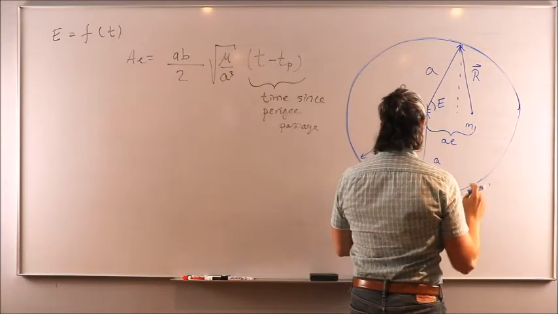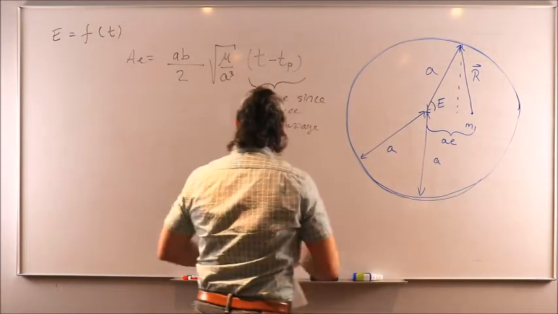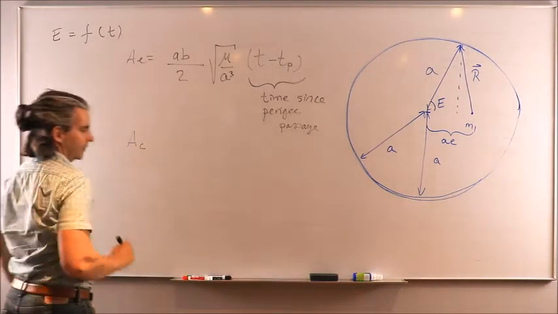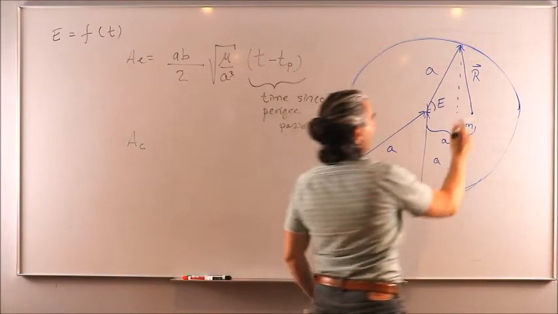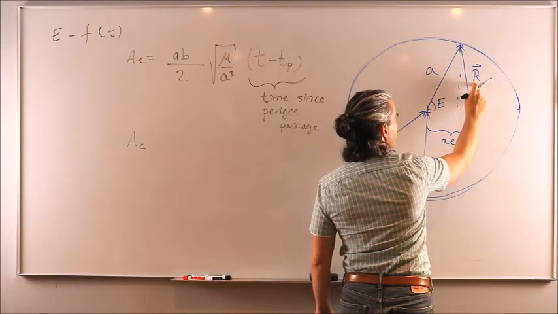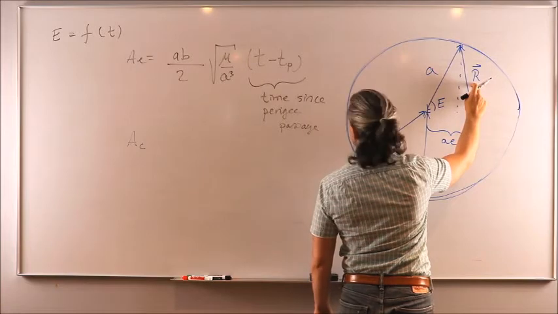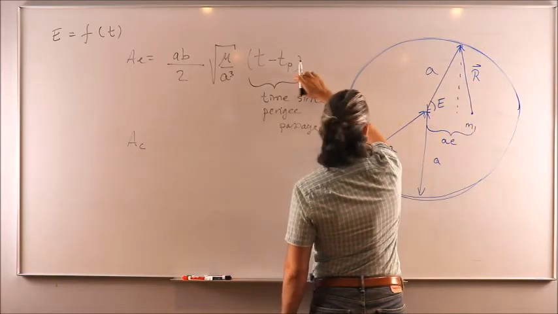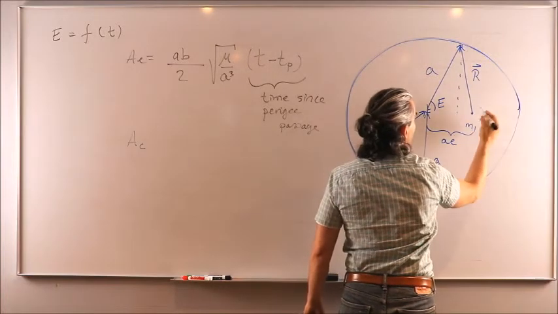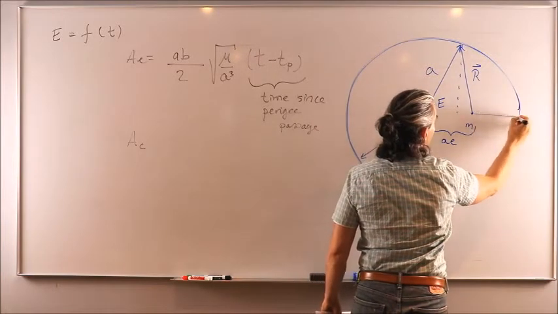What we're going to do next is look at the area swept by this position vector, capital R vector, over the same time interval. So the area being swept is again the area under the curve.